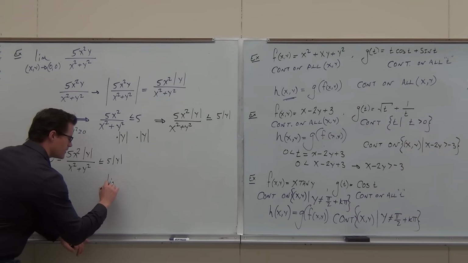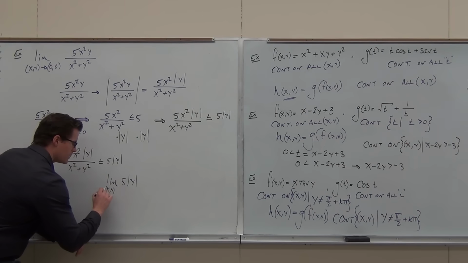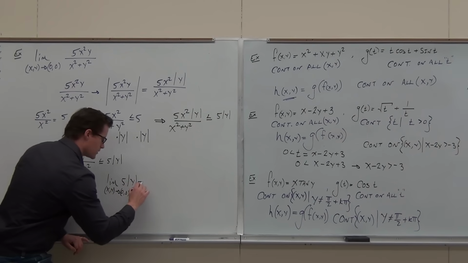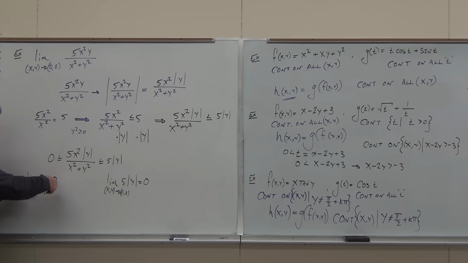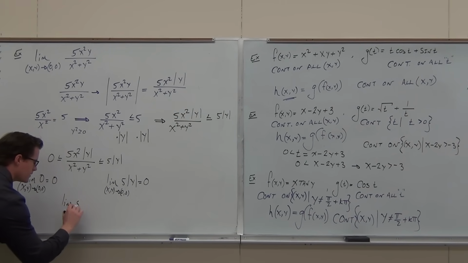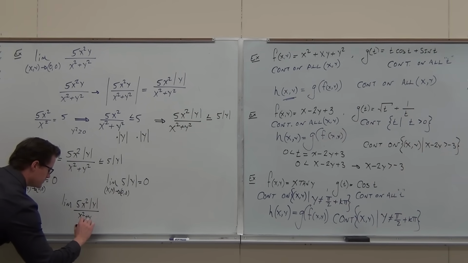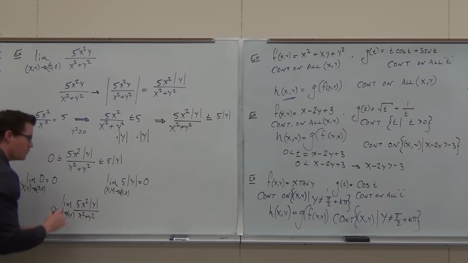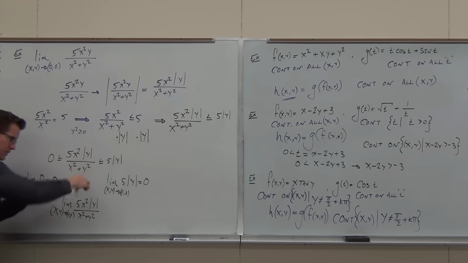And what's the limit of 5 absolute value of y as (x, y) approaches 0, 0? Notice there's no x, but I don't even care. What's it go to? By the squeeze theorem, since the limit of this function goes to 0 and the limit of this function goes to 0, the limit of this function by the squeeze theorem is 0. 0, 0, we built it. 0, 0, middle's got to be 0.